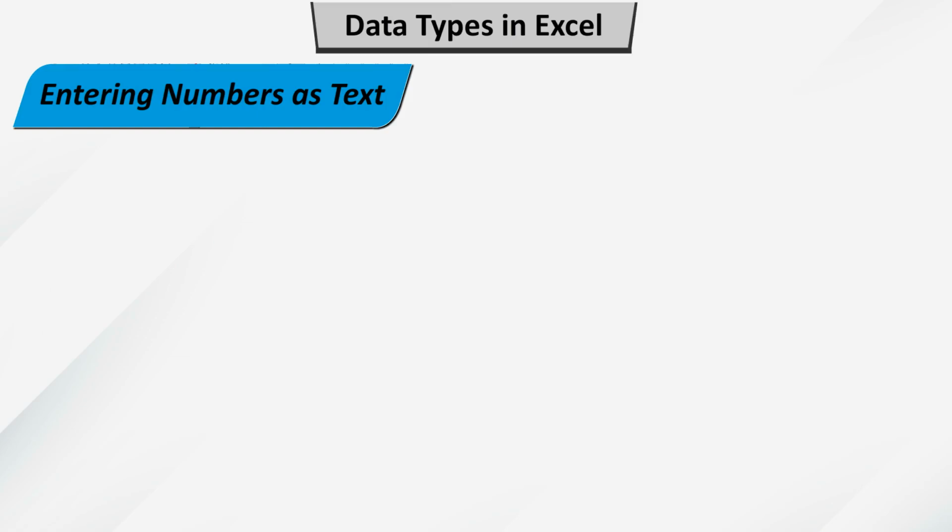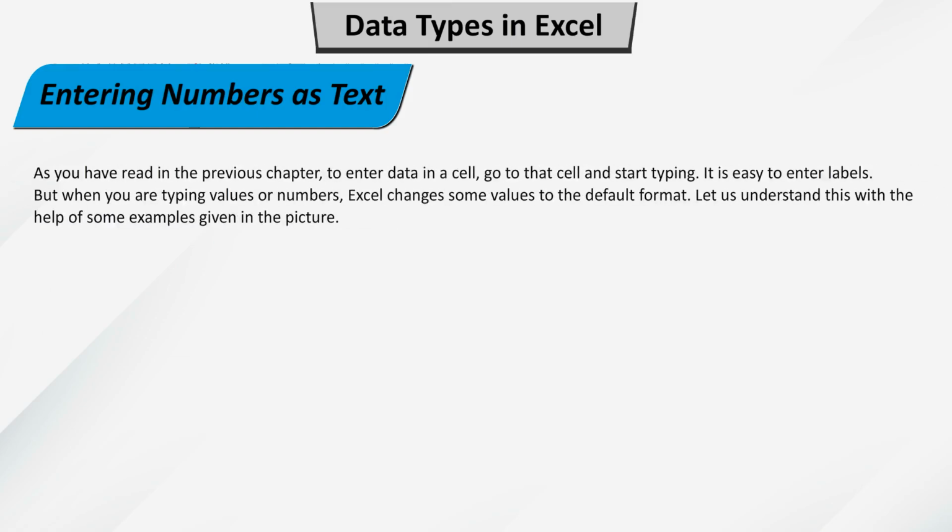Entering numbers as text. As you have read in the previous chapter, to enter data in a cell, go to that cell and start typing. It is easy to enter labels, but when you are typing values or numbers, Excel changes some values to the default format.